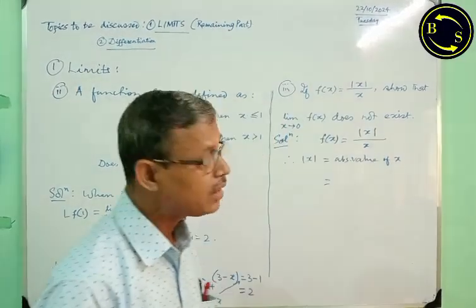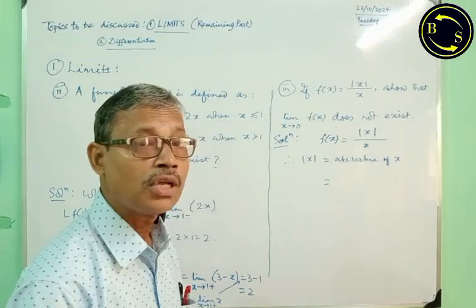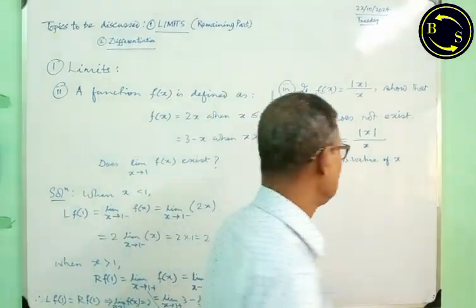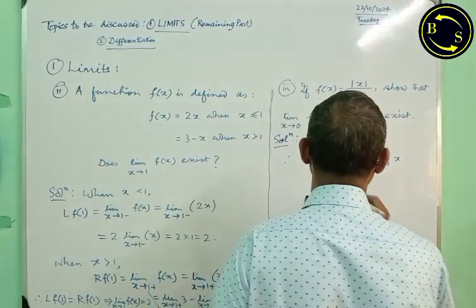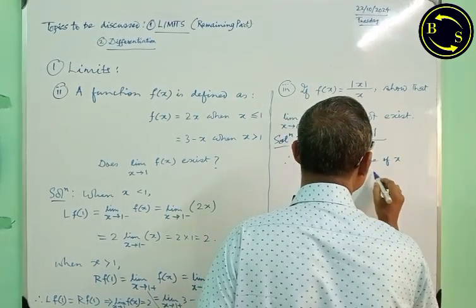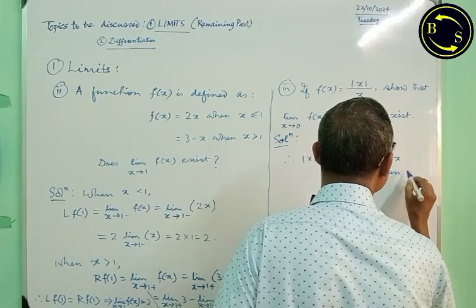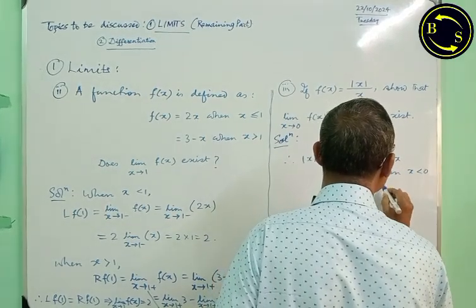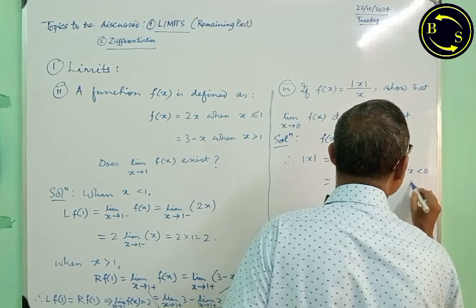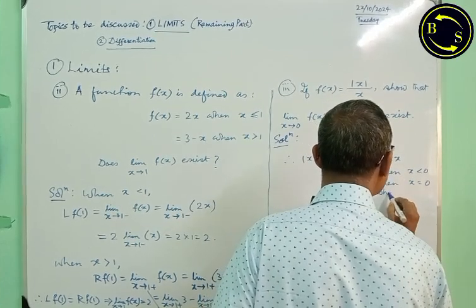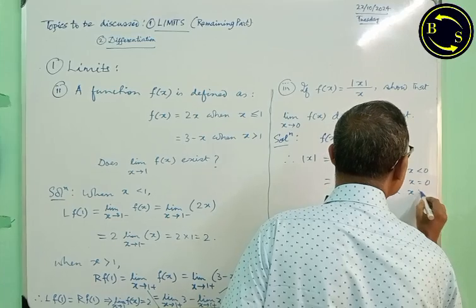As per definition, absolute value or modulus of x is its unsigned magnitude. Therefore, this will be minus x when x less than 0, 0 when x equal to 0, x when x greater than 0.